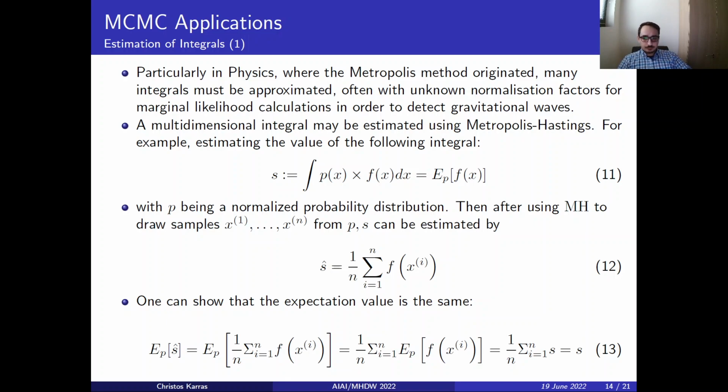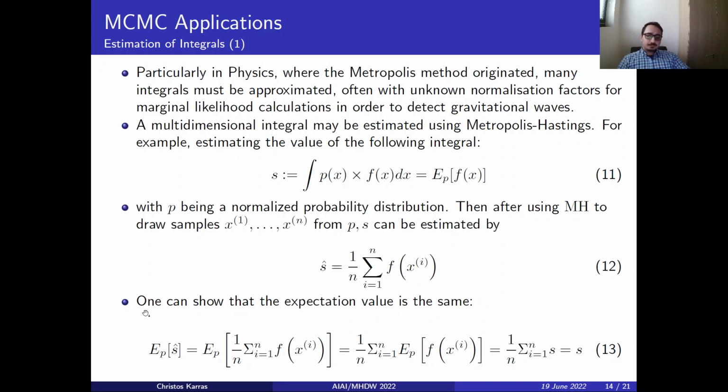For example, when we want to estimate the value of the following integral, given by equation 11, with P being a normalized probability distribution, we utilize Metropolis-Hastings to draw samples x1 up to xn from P, and we create this estimator, S hat. So S hat is basically a function that utilizes the Metropolis-Hastings samples from the first up to the last one.